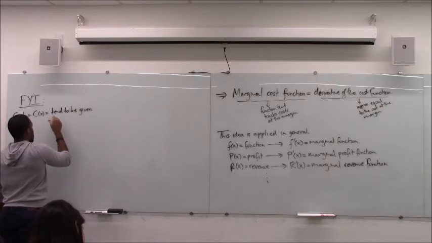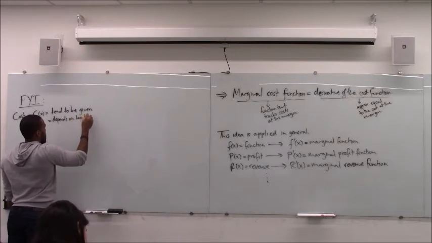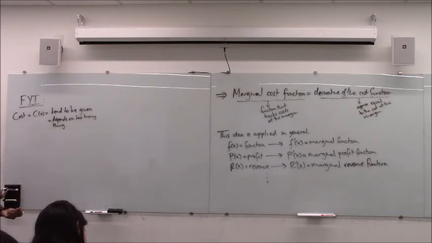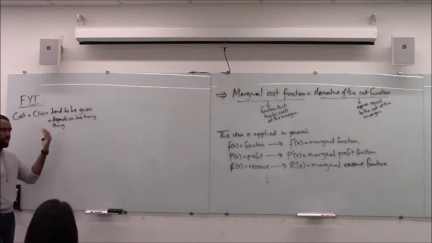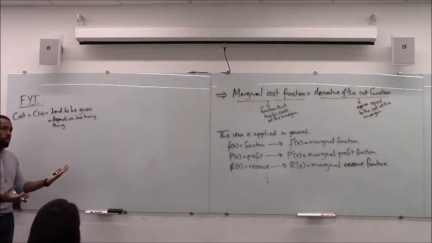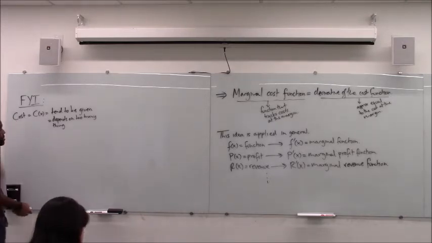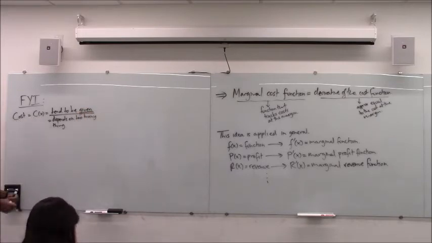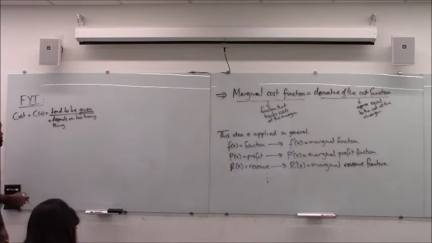Because it depends on too many things, things that you wouldn't be able to figure out sitting down with a pencil and paper. It depends on your location, the market, your advertising, how many people you're hiring. It would depend on information that you won't know how to deal with without actually going in and doing research, right? So the cost function is going to be given. You don't have to worry about coming up with a cost function. If you ever need to use a cost function, I will tell you what the function is in the problem. So that's the first thing.